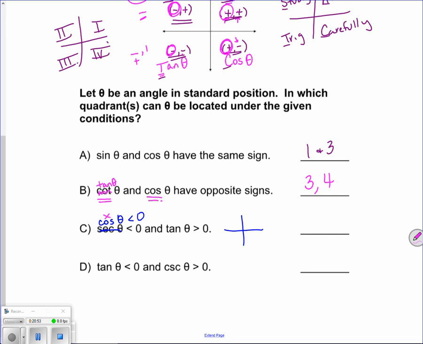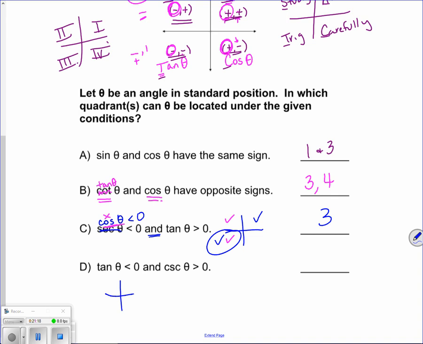That would be in here and in here. So this is where cosine is negative. Now, where is tangent positive? Well, tangent is positive when the signs of the x and y are the same. So that would be in quadrants 1 and 3. Well, it says and. So which one did I check twice? That's quadrant 3.